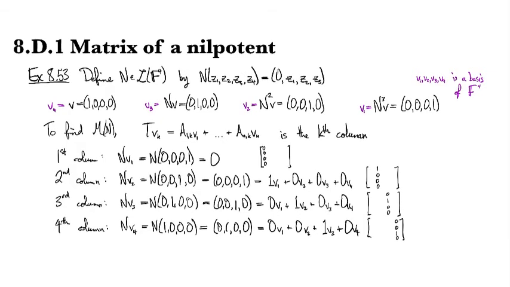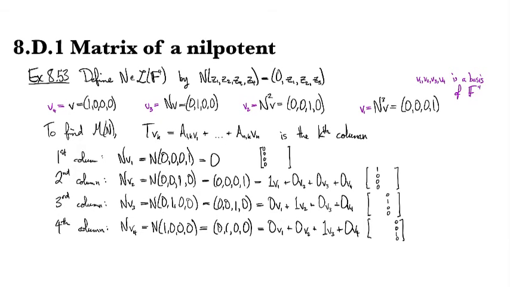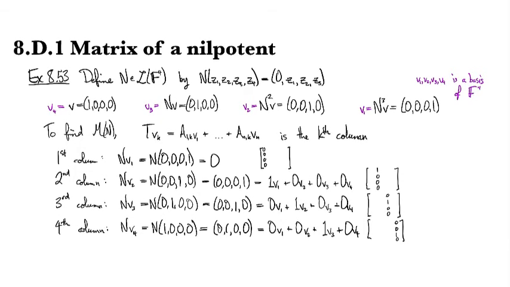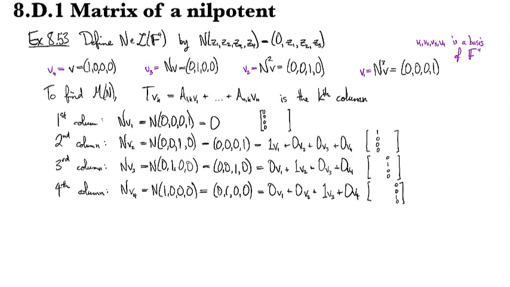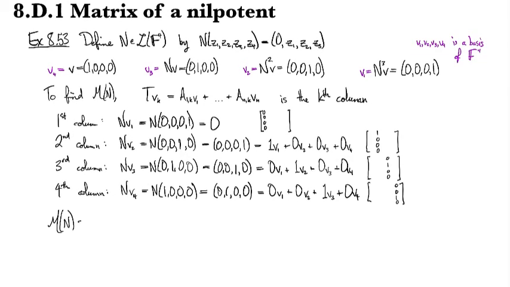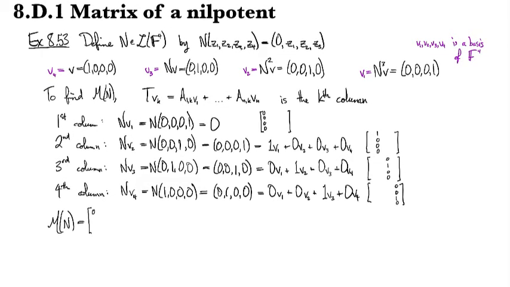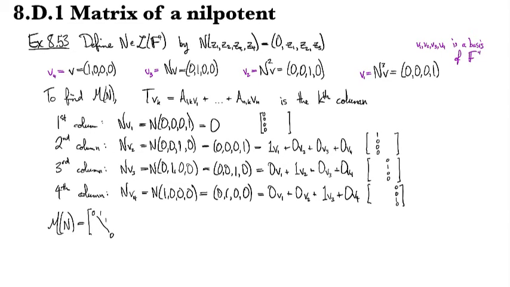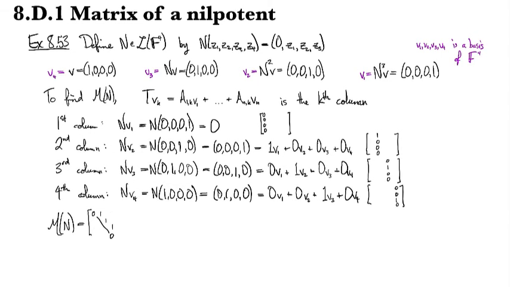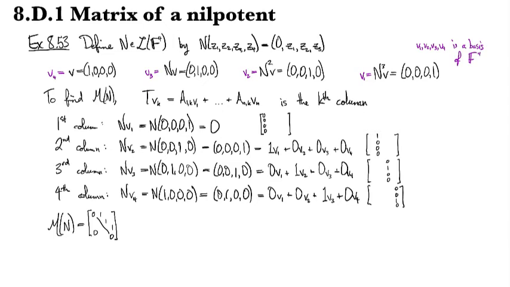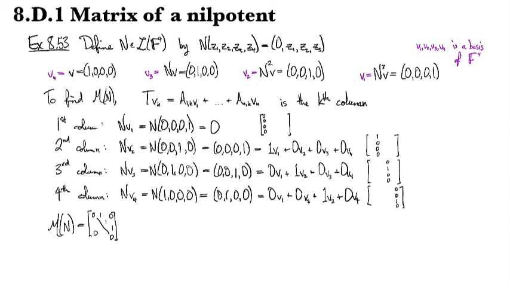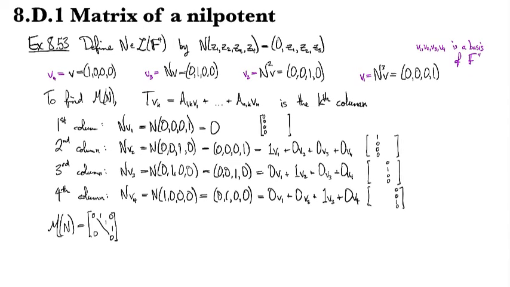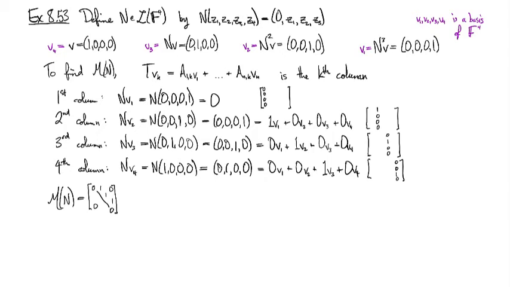Putting that all together, you can see that the matrix for n has zeros coming down the diagonal, and then a 1, 1, 1 just above it, and a 0 elsewhere. So that's a simple nilpotent.